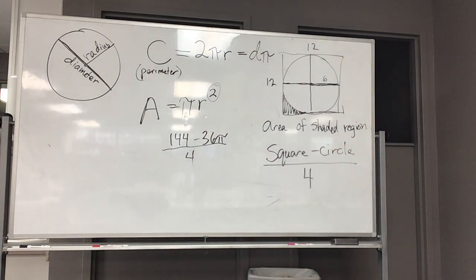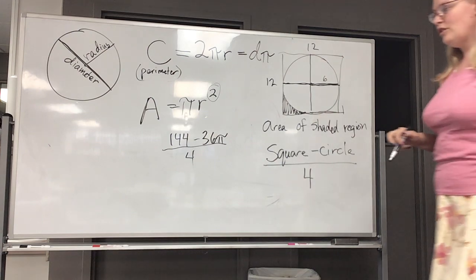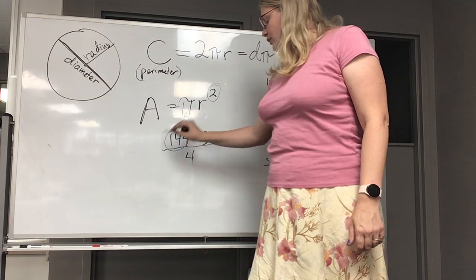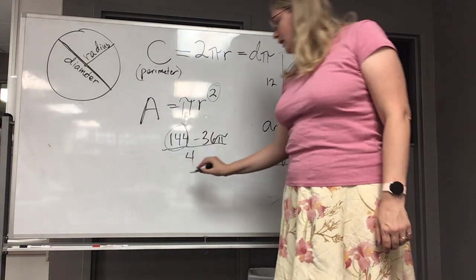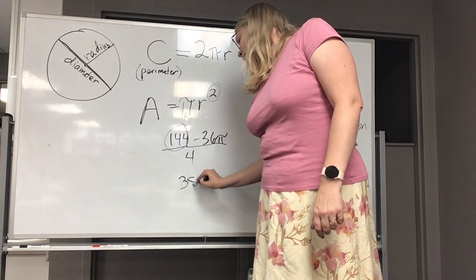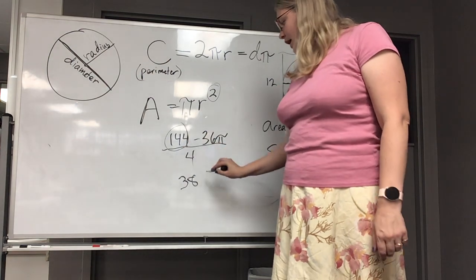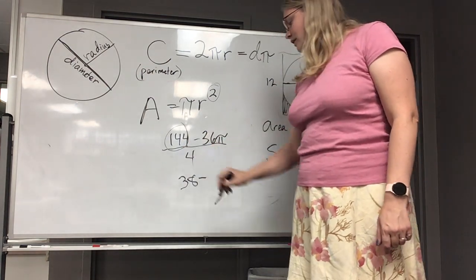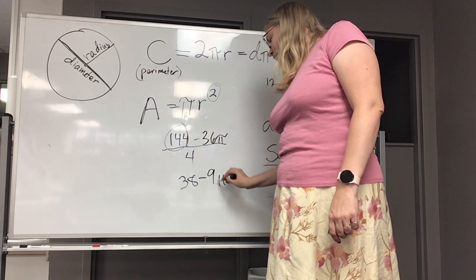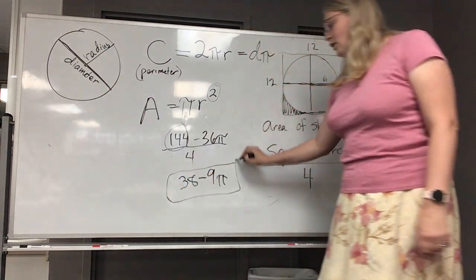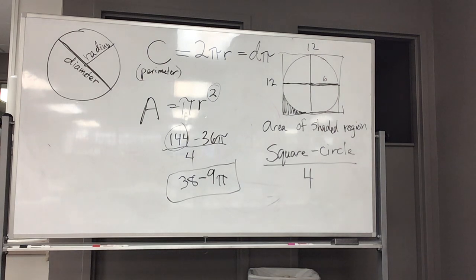Depending on the problem, sometimes they might have you calculate it out, but frequently they leave this in terms of pi, and so you just simplify that. 144 divided by 4 is 36. And then 36 pi divided by 4 is 9 pi. And so they will frequently leave the answers in that form rather than getting a decimal approximation.